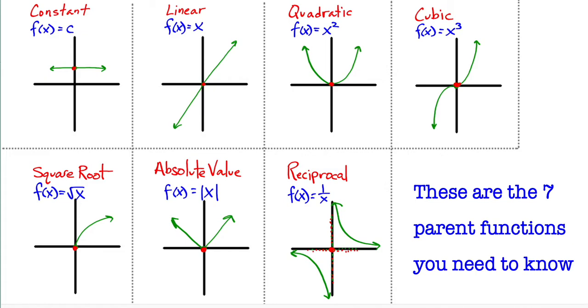On the test, the third page of the test is 7 questions like this. And it's kind of a table. And the table has 3 columns: the name, the equation, and the picture.